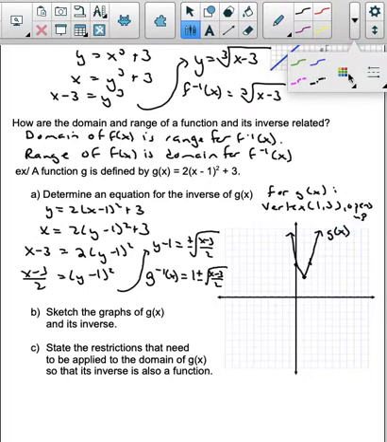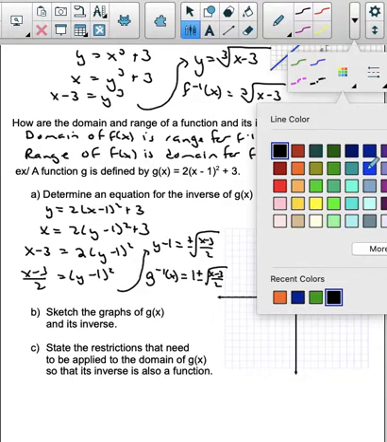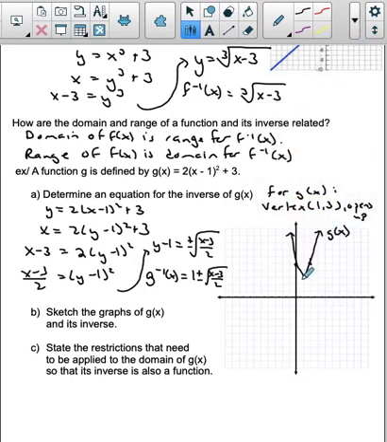Now, if I want to draw my inverse, I'm just going to take this point, which was at (1, 3). So for g inverse of x, I don't really want to call it a vertex, but it is. That vertex is going to become (3, 1) for my sideways parabola.